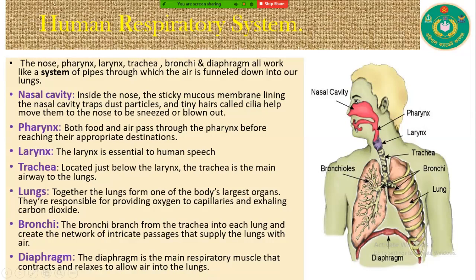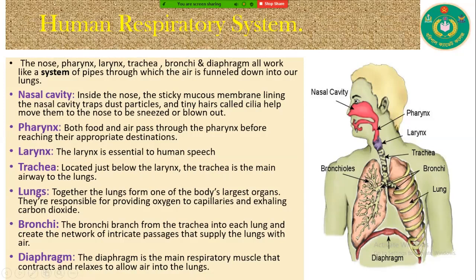respiratory organ, larynx. Boys, we know the larynx is essential to human speech. Then trachea. Look just below the larynx. The trachea is the main airway of the lungs, boys.